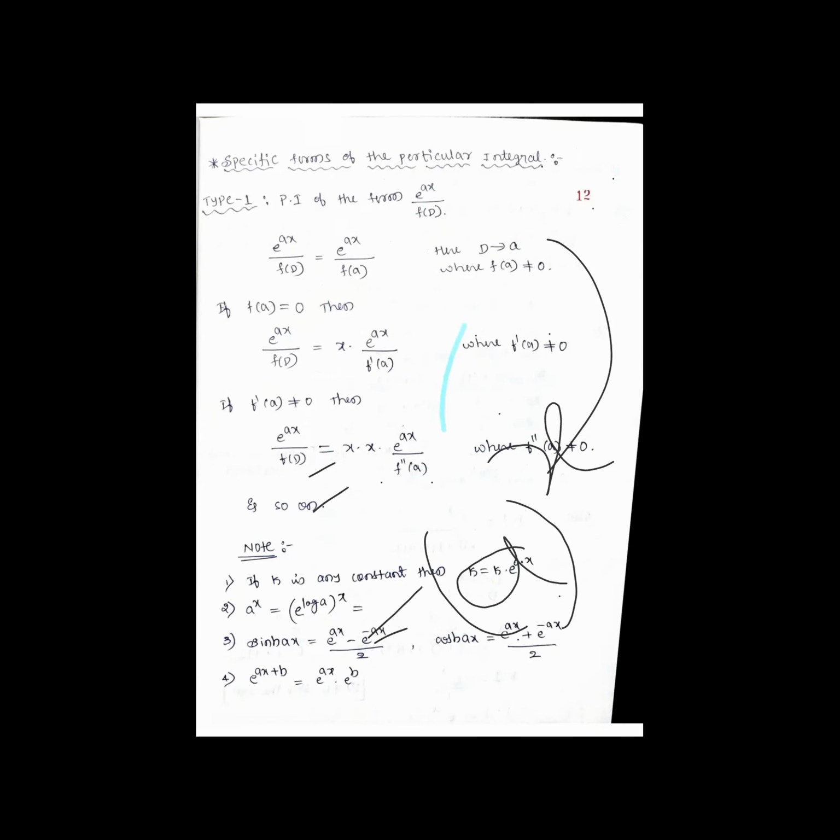The same thing you can see here. I can convert it in terms of an exponential, that is e raised to log of a into x, where the coefficient of x is log of a.